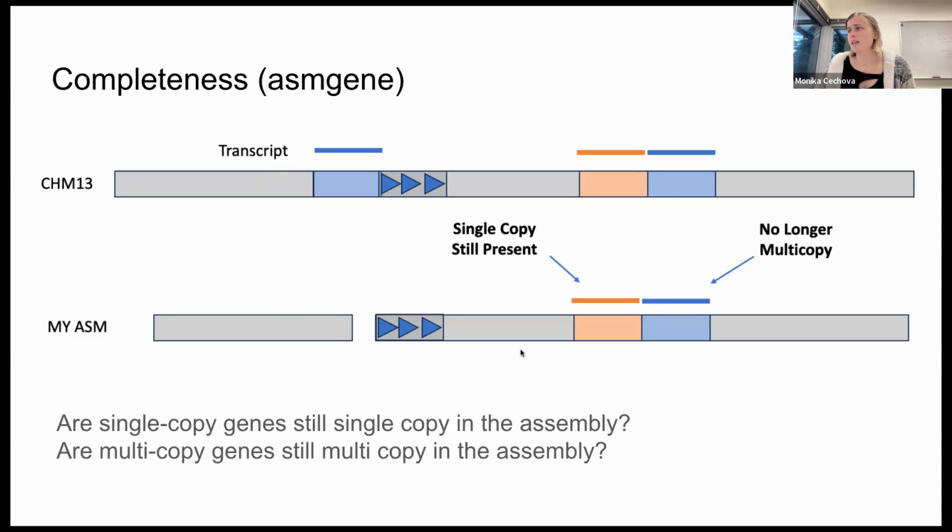Just in these schematics, you can see that this blue transcript is present twice in the CHM13, but in your new assembly, it's no longer multi-copy. That could be an indication that your assembly is wrong and it collapsed the gene.